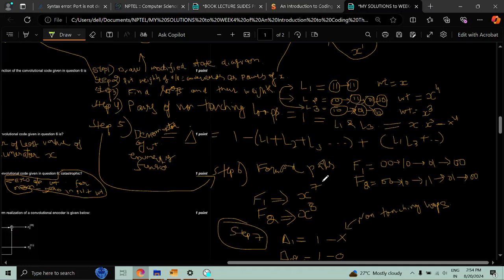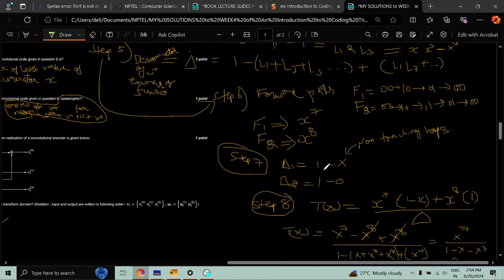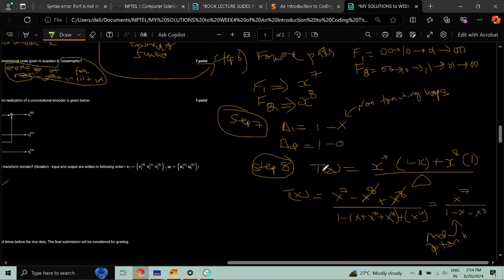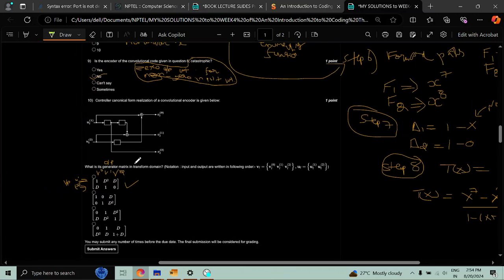The forward path is this, you put it into the transfer function formula and do some simplification, and you will reach this. So this will match up with one of the answers.